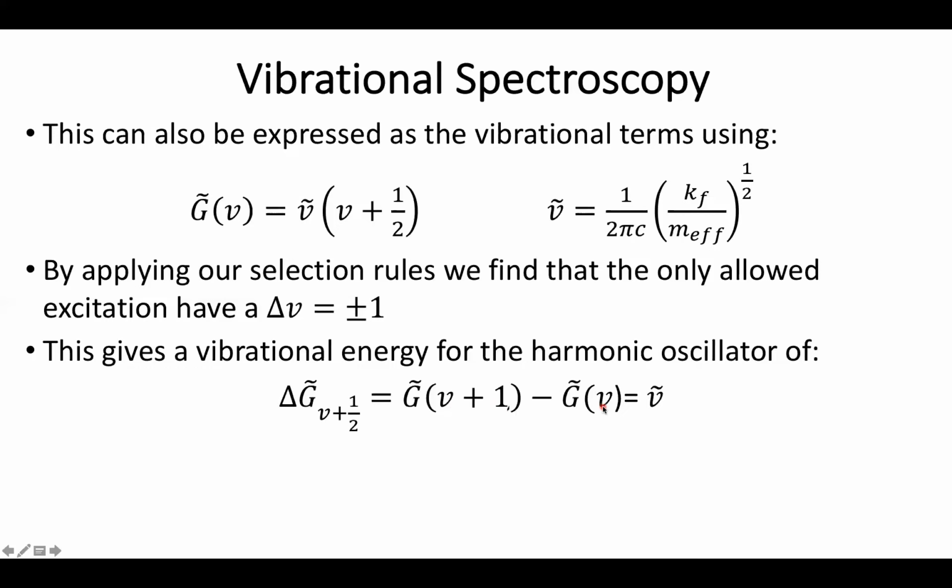So if I'm excited from a ground state of V to a state of V plus 1, I can then take the difference of these two, and it turns out that the V plus 1 terms end up canceling out, and all I'm left with is a single vibrational constant. So, congratulations.